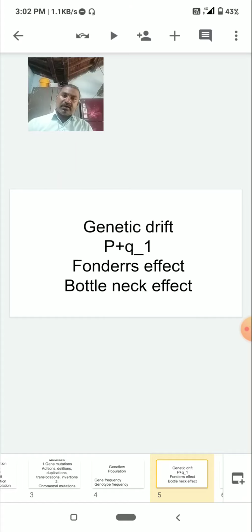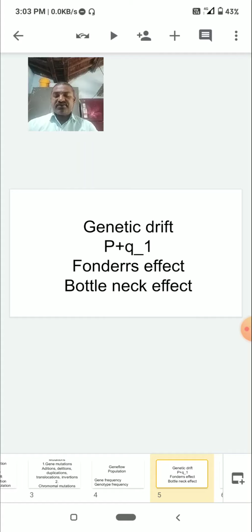For example, in 100 human beings, one person is short and the rest are all tall. That person having the short gene may die before reaching the reproductive stage. So, the short gene is lost, and only the tall genes are present.